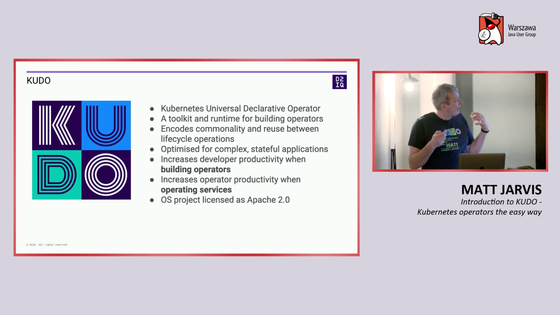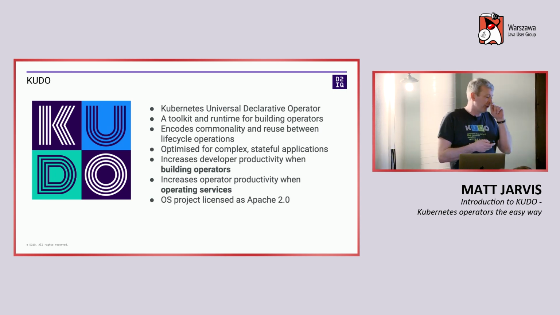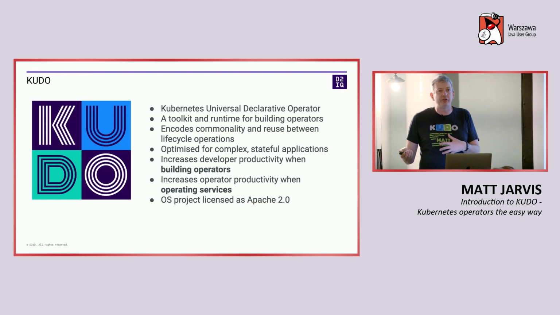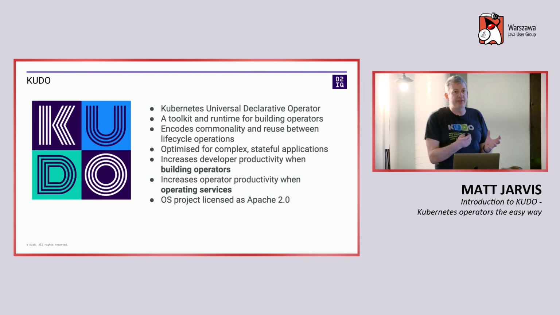So you have this idea of basically runbooks, and I'll talk through some of those concepts over the next few slides. But it basically allows you to ship your application and a set of operational runbooks together in a single thing.